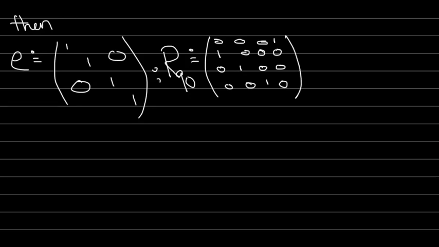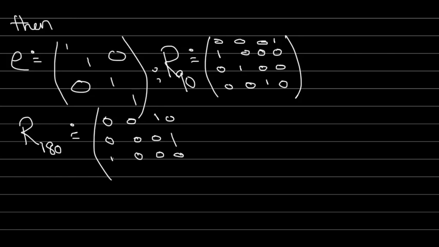And likewise you can form a matrix for the 180-degree rotation that would be 0, 0, 1, 0, 0, 0, 0, 1, 1, 0, 0, 0, 0, 1, 0, 0.